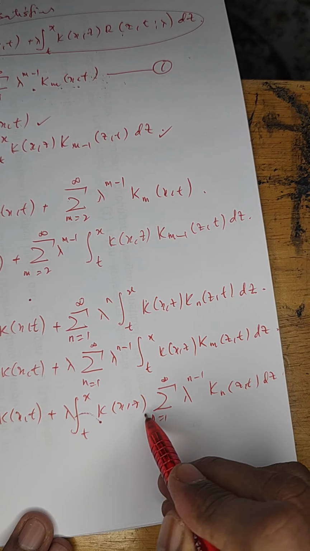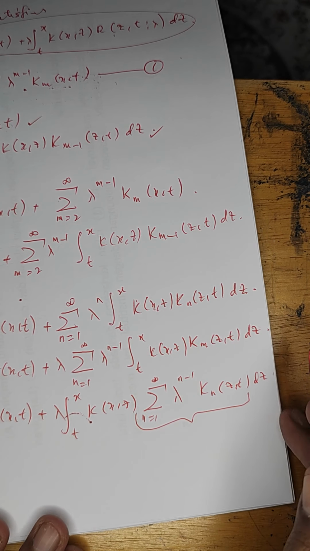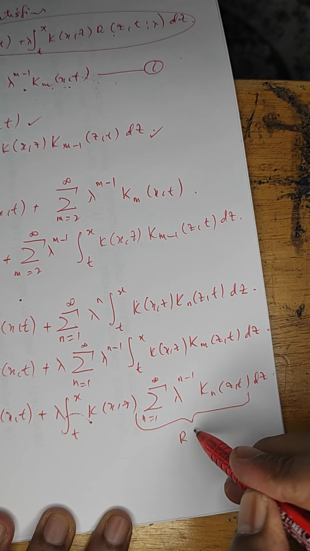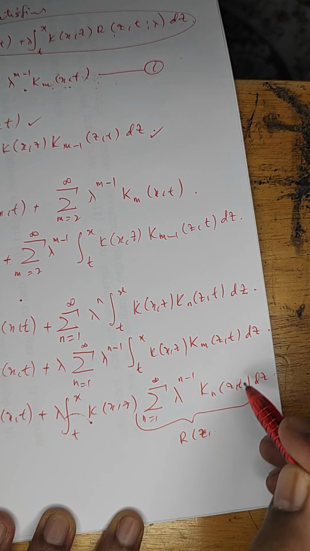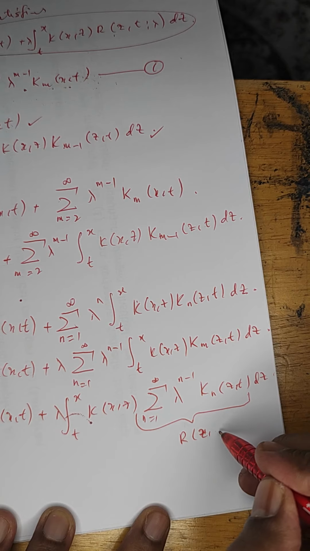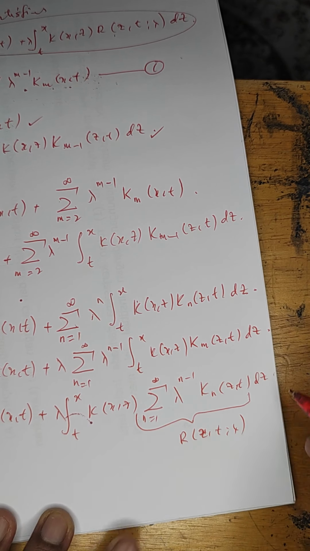And we recognize that this part here is R(z,t;lambda).